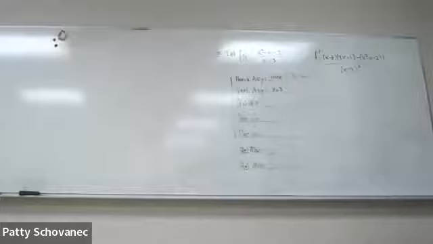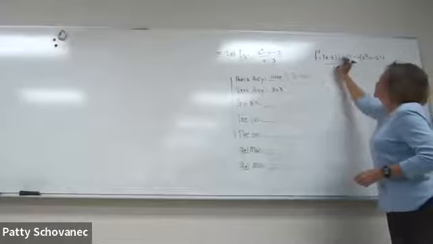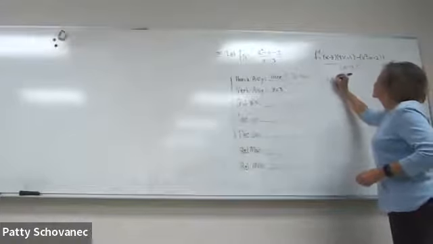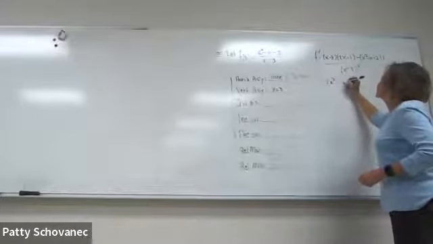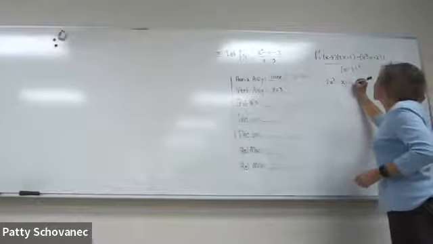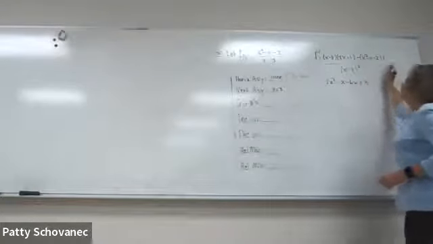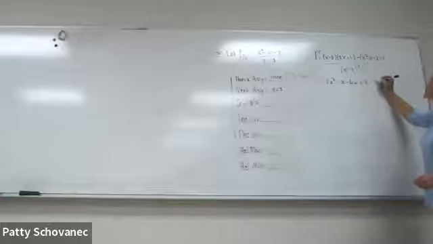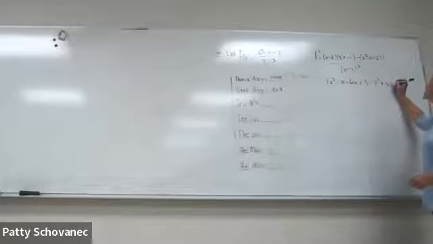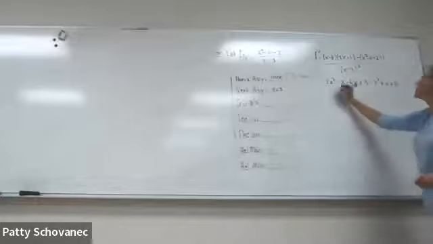Quotient rule. Now we have to FOIL that out. Keep going. 2x squared minus x minus 6x plus 3. One's not going to change anything, so minus x squared plus x plus 2.